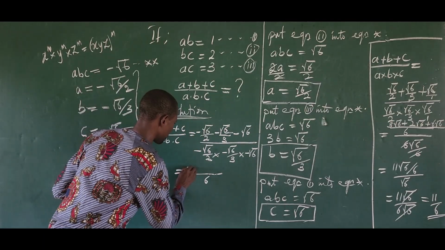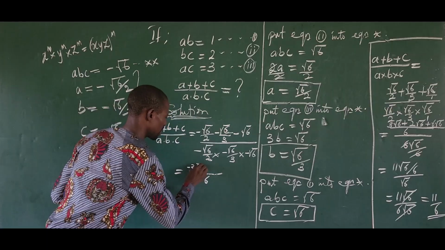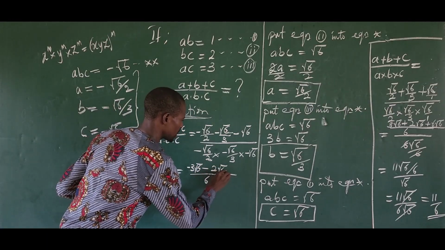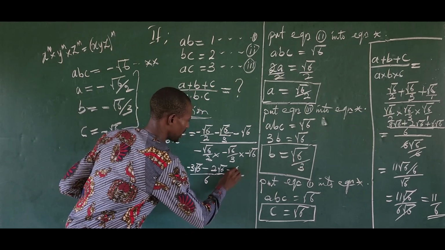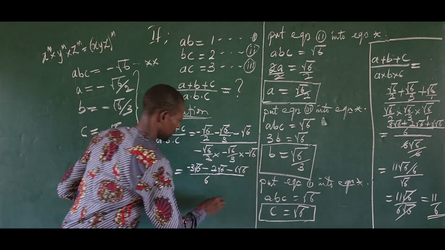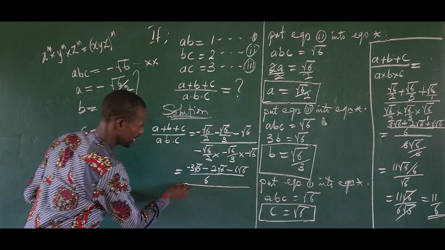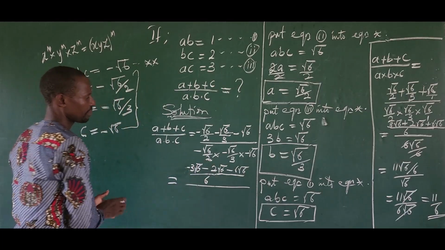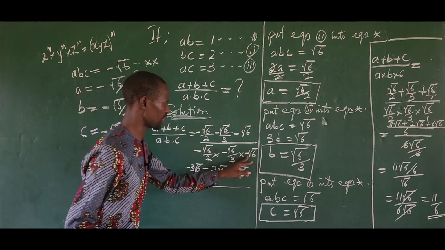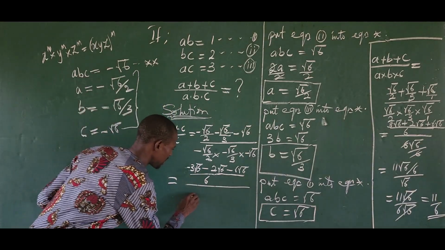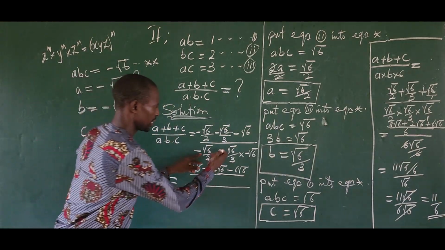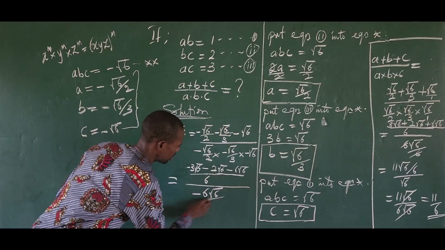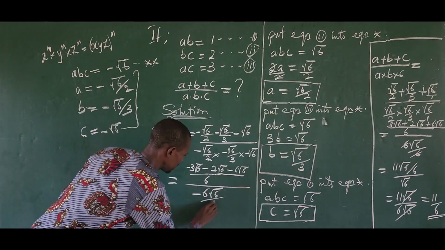So this is going to give us minus 3 root 6 minus 2 root 6 minus 6 root 6. Then all over, let's write this way. Minus times minus is plus, times minus is what? Minus. So we're going to have minus here. Here we said we will have 6 root 6 all over 6 itself.